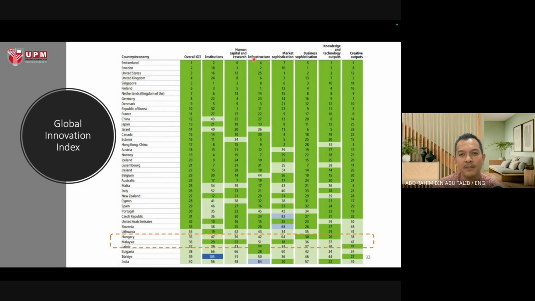Institution, human capital and research, infrastructure, market sophistication, business sophistication, knowledge and technology output, creative output. So basically, as I said, we heard just now, for the knowledge and technology output, Malaysia ranks only number 37.